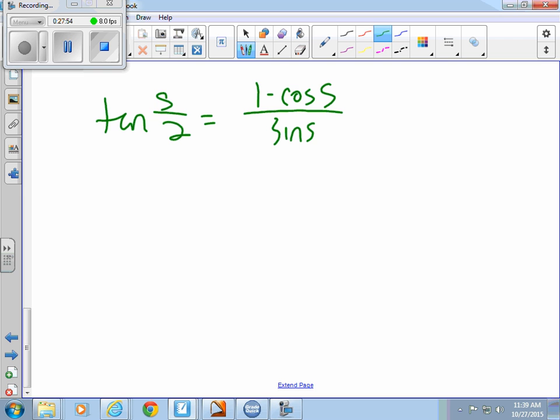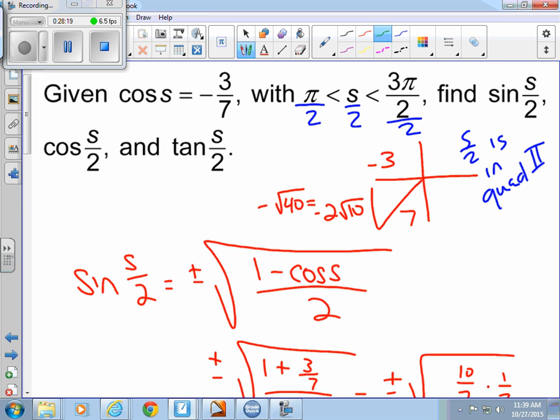Cosine of x is negative 3/7. And then sine of x, I would have to go. This is the first time I needed that first picture, isn't it? So someone at the very beginning said, I gotta draw a triangle. Maybe. I haven't actually needed it until just now. But we did draw it at the very beginning. The negative 3/7.